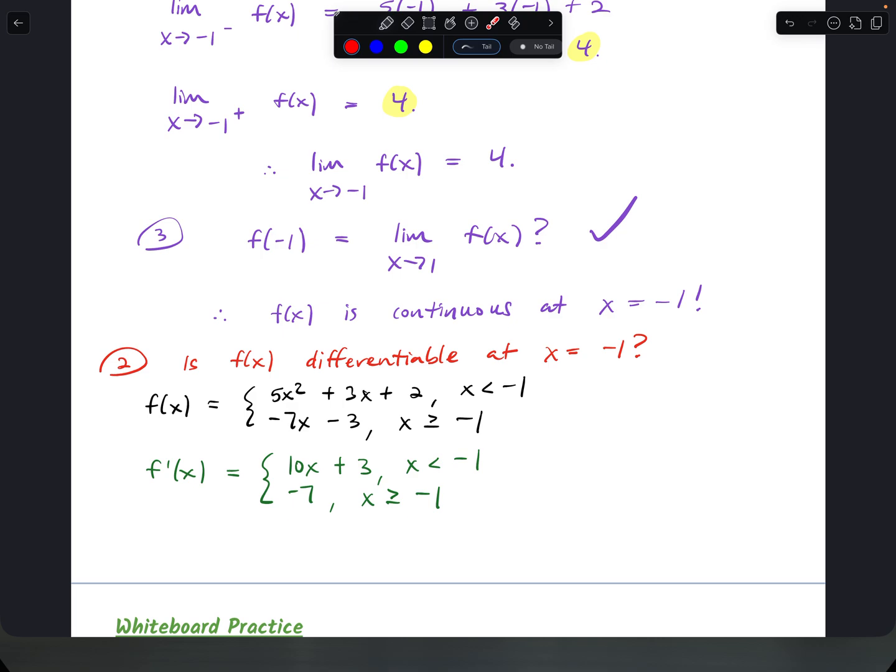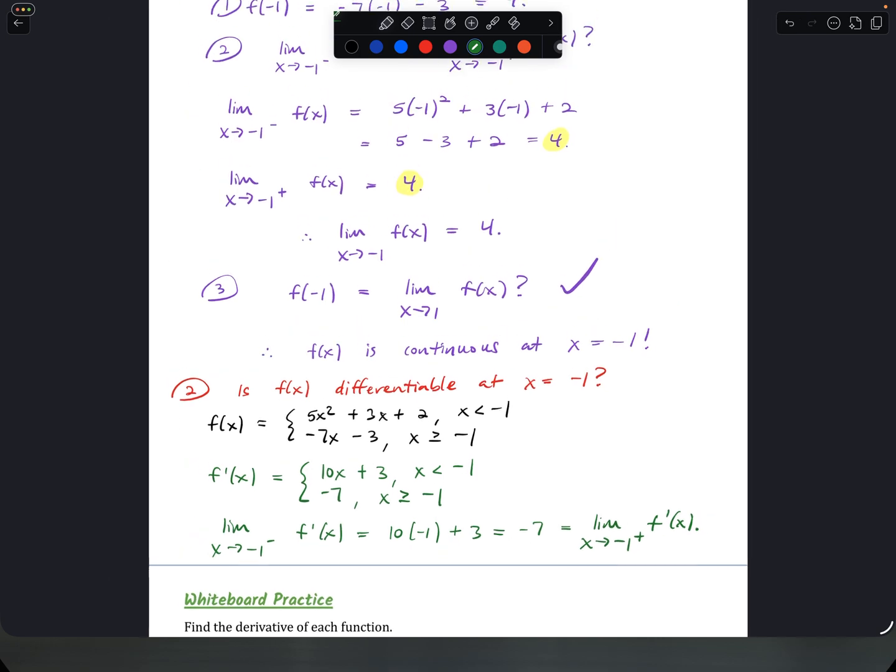If the limits are going to agree, then I just need to plug in -1 into here and hope it equals -7. So the limit as x approaches -1 from the left of f prime of x is going to be 10 times -1 plus 3, and that's -7, which is the same thing as the limit as x approaches -1 from the right of f prime of x.